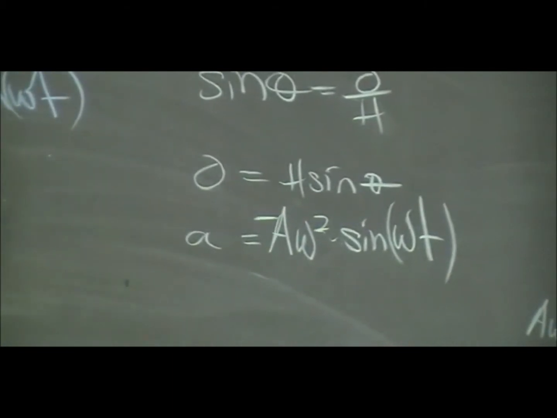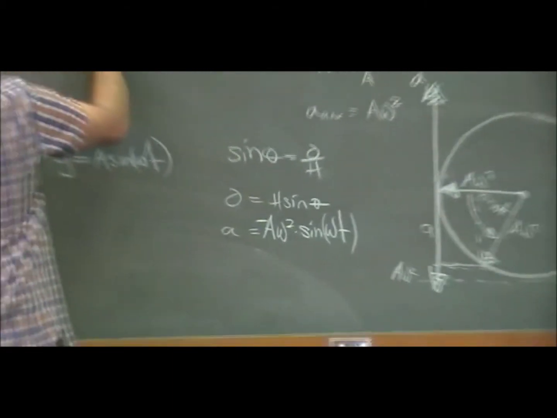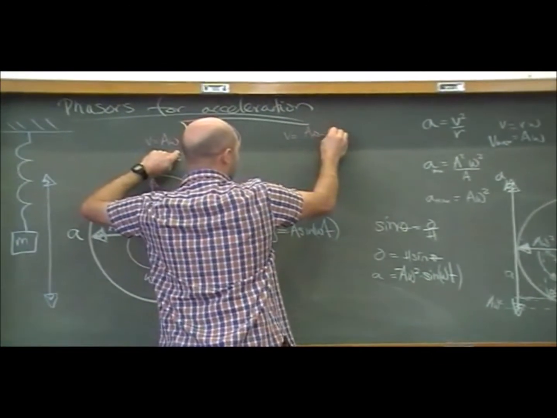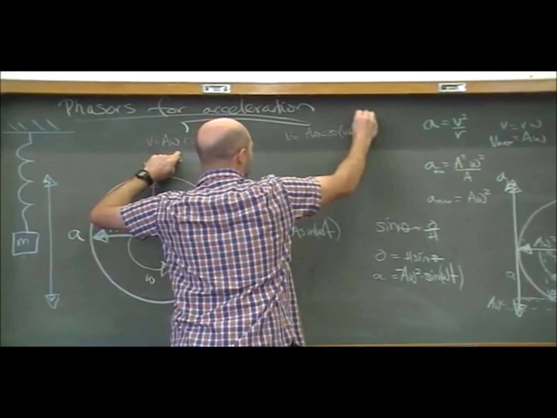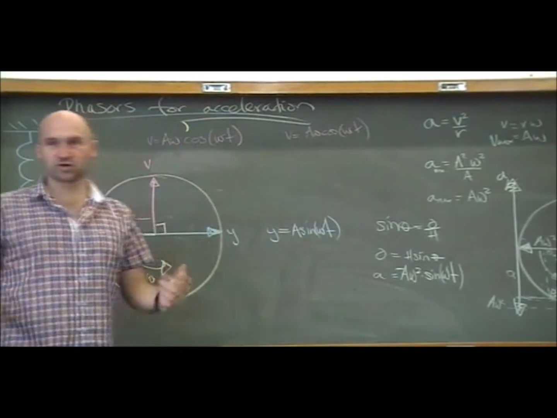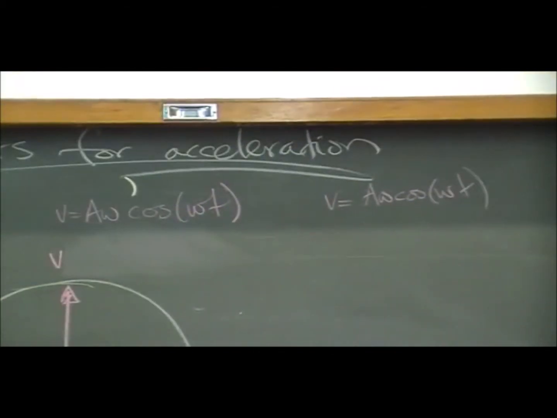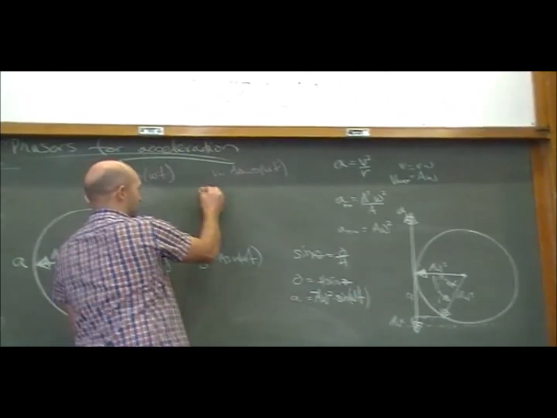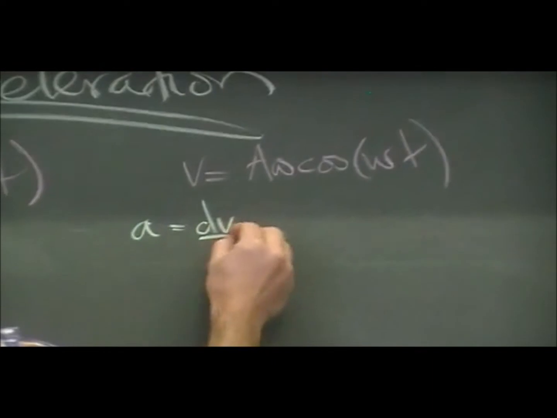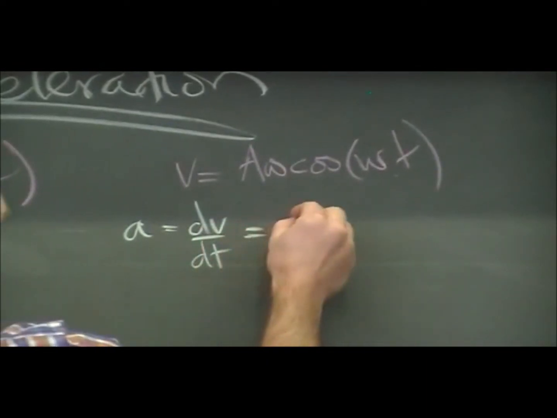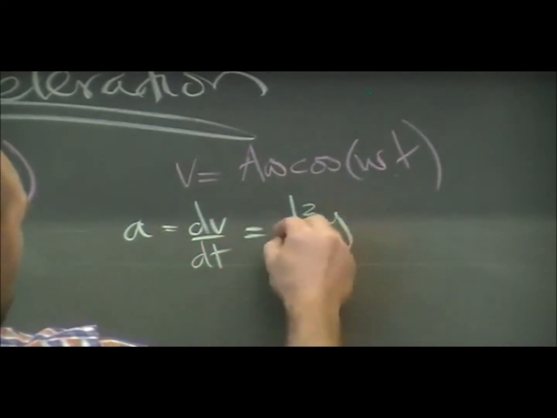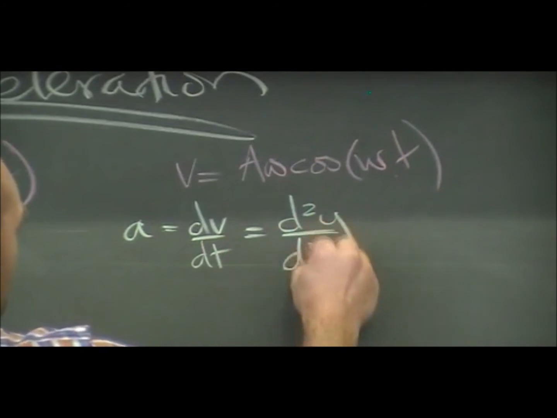Some of you will remember we started with this, that v is a omega cos omega t. And some of you will be happy that acceleration is the rate of change of speed, right? dv by dt. So a is dv by dt, which is d squared y by dt squared.